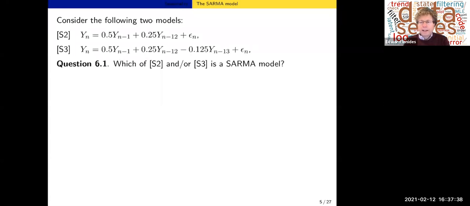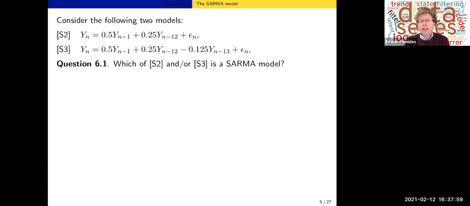Here's an example to help you see the consequences of this particular specification of the SARMA model. Here are two models, S2 and S3. You'll see that S2 has y n depending on y n minus 1, y n minus 12, and epsilon n.